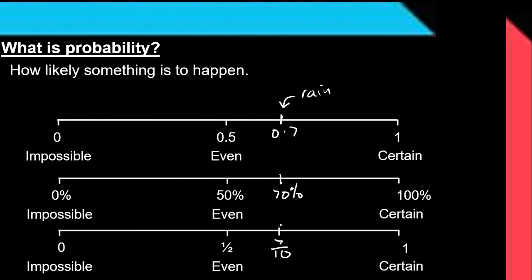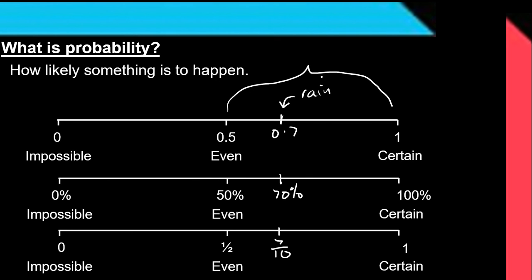There are some key words we need to be aware of when it comes to probability scales, things like likely to happen, unlikely to happen. If I take this example about rain, we can see it's in the top half of the scale, in between 0.5 and 1.